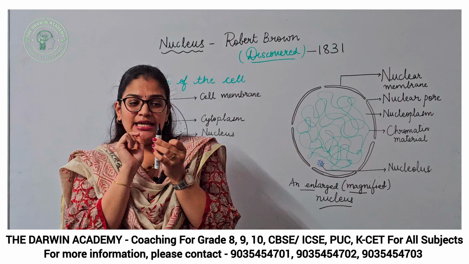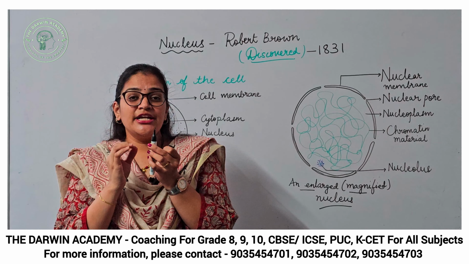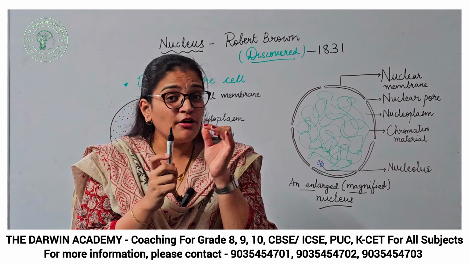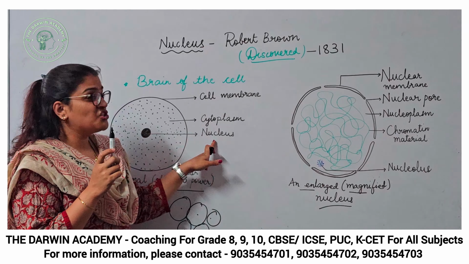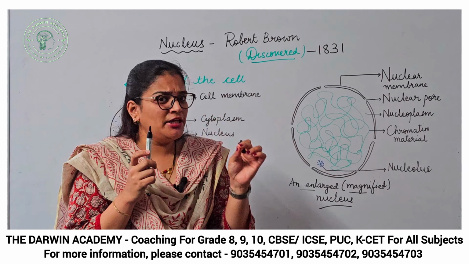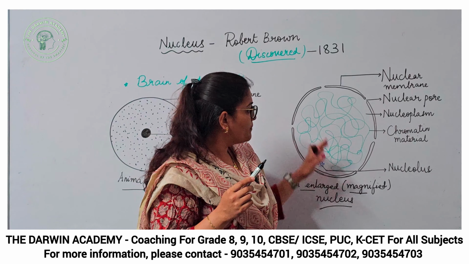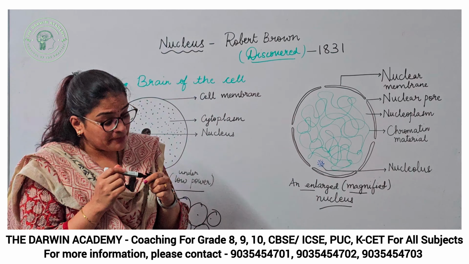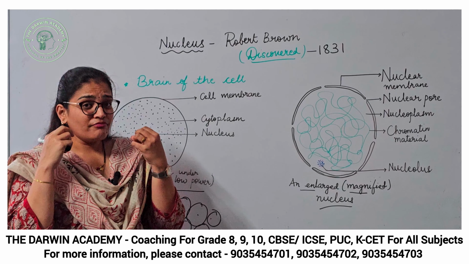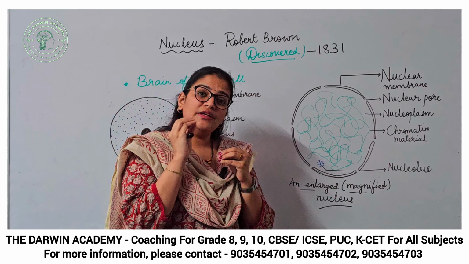It is very tiny, isn't it? This nib of this marker pen would accommodate millions of cells. Such being the case, think of the size of the nucleus which is within every cell. It would be very minute. And if I observe that under an electron microscope, I would be seeing the different parts. Hope you have understood the size of a cell and also the size of a nucleus.